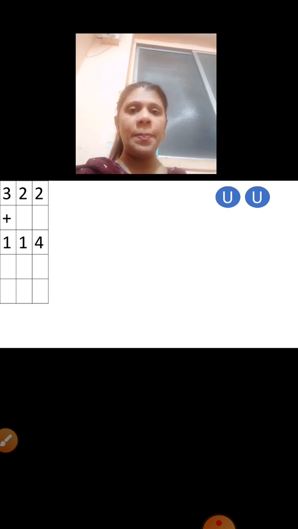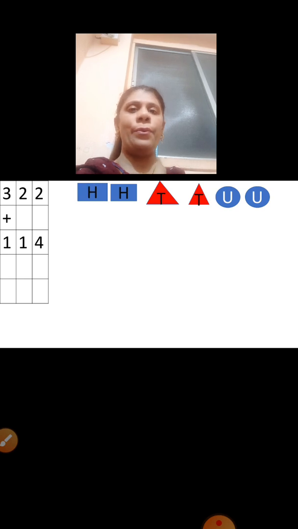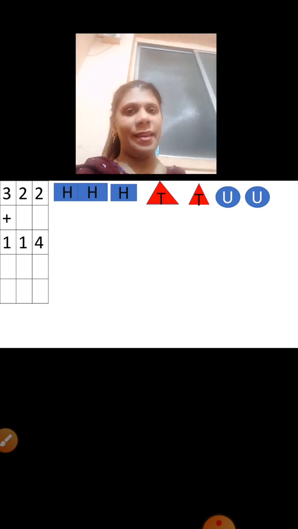Which number is in tens place? Again the number 2. Okay, so how many tens we are going to draw? 1 and 2. And which number is in hundred place? Yes, 3, correct. So 1, 2, and here comes 3.